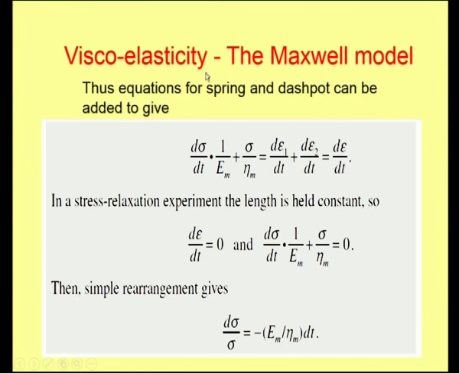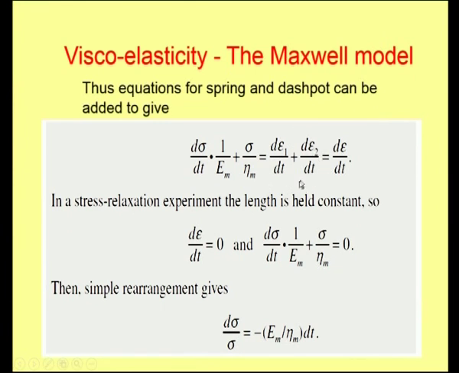The stress equations for the spring and dashpot can be added to give dσ/dt into 1 by Em plus σ by ηm equal to dε1/dt plus dε2/dt, which will be equal to dε/dt. On the right hand side, both the strains are additive.